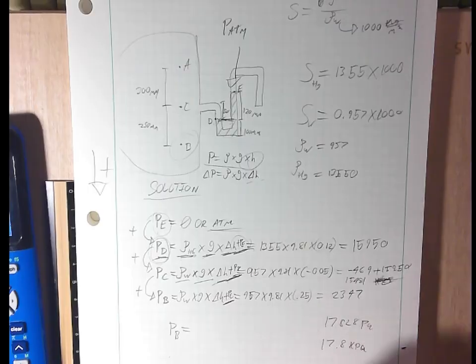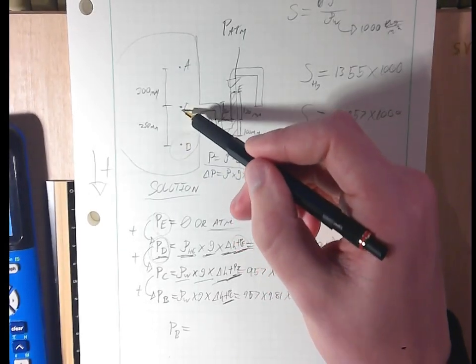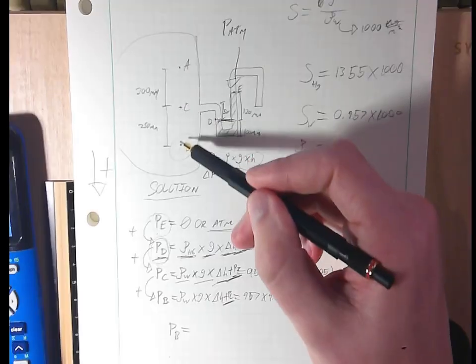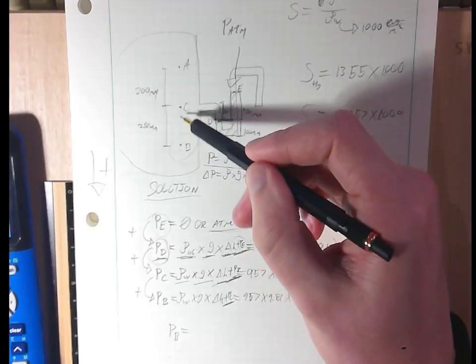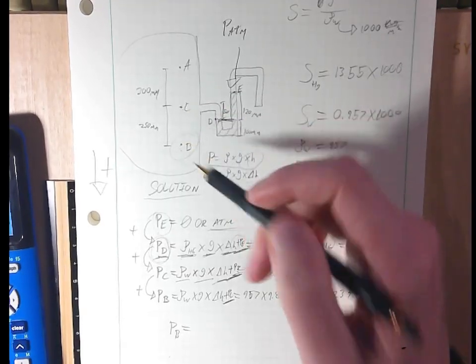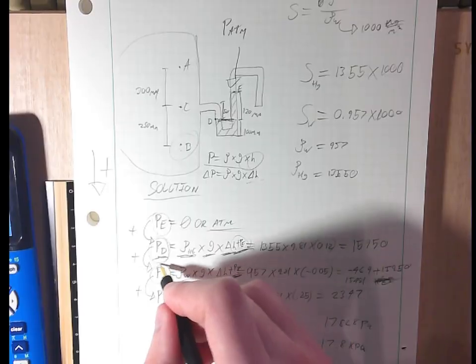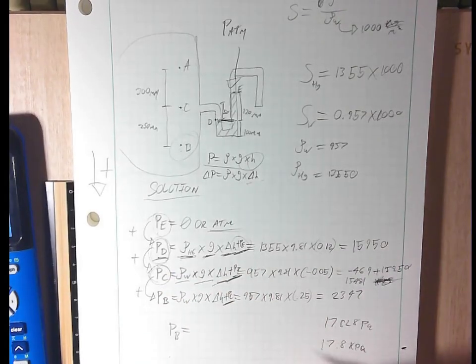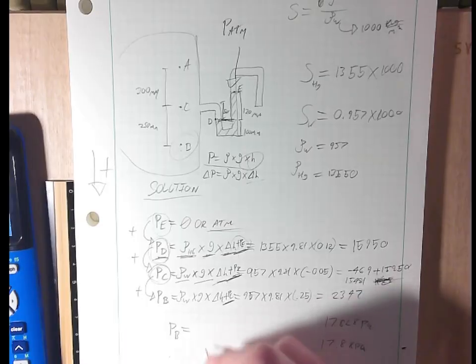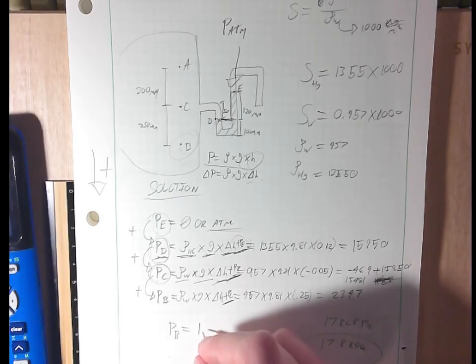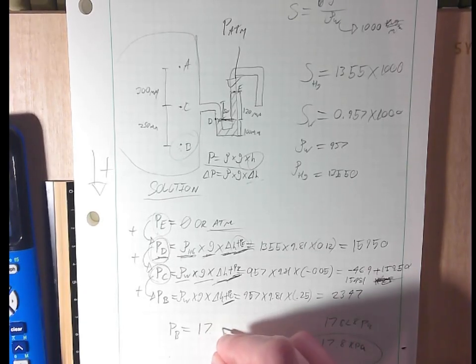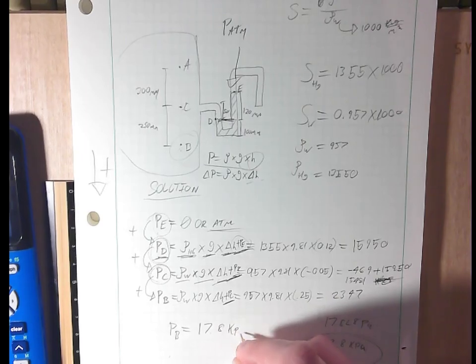Okay, you keep going down the line until you're here, distance between these two. The rho of the water, or whatever is between the two, times G, and add to it C every time you go down the line. So this is our final answer right here. PB is 17.8 kPa.